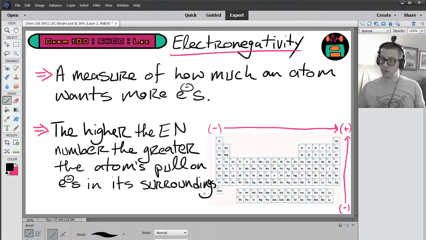So the bigger the number is, the stronger the electron pull.